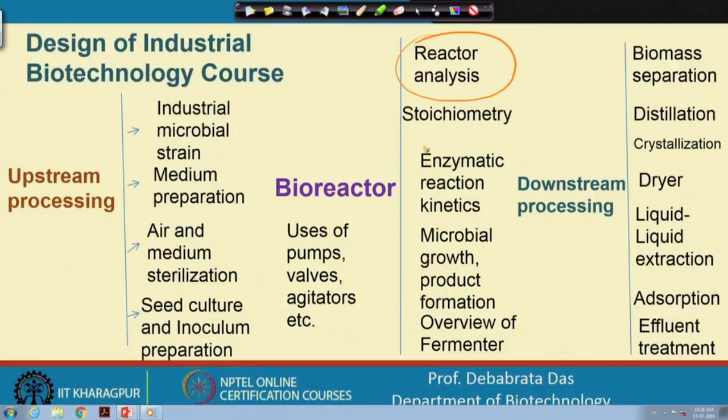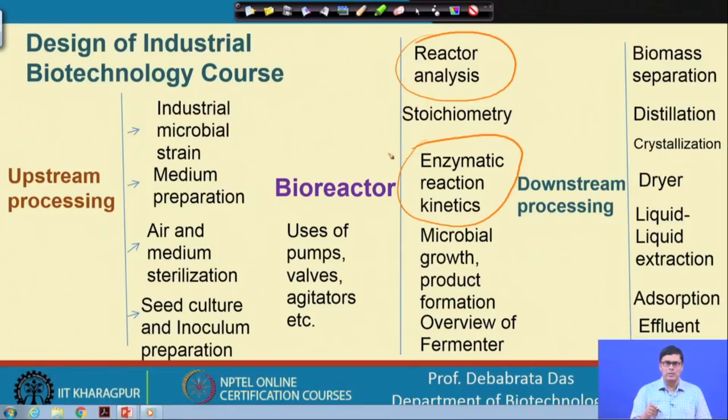We discussed that. Then we discussed enzymatic reaction kinetics: enzymes are very specific with respect to substrate. Enzymes are mostly protein in nature, proteins with an active site. We used the Michaelis-Menten equation to explain the enzymatic reaction kinetics, and later on we discussed some kinds of inhibition of enzymes, which is largely used for several applications.